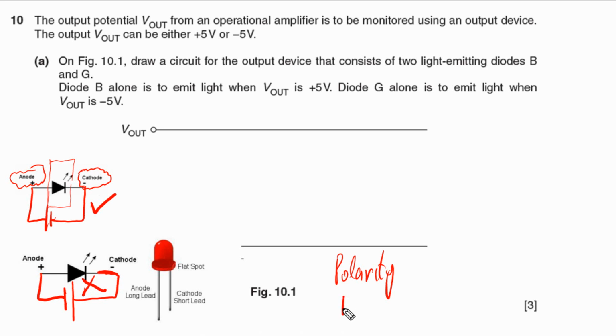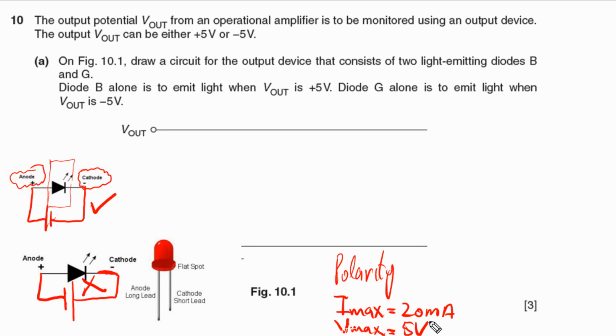Second, it is also very useful to understand the maximum value of current that can pass through an LED, which is 20 milliamps, a typical value. Also, we need to know the maximum potential difference we can apply across an LED without damaging it, and that typical value is 5 volts. If we understand the polarity of an LED, this question is very simple.